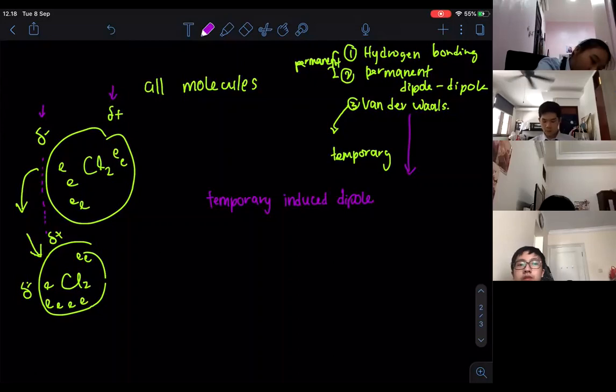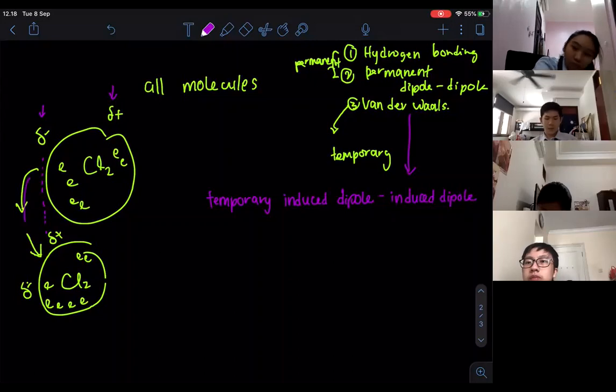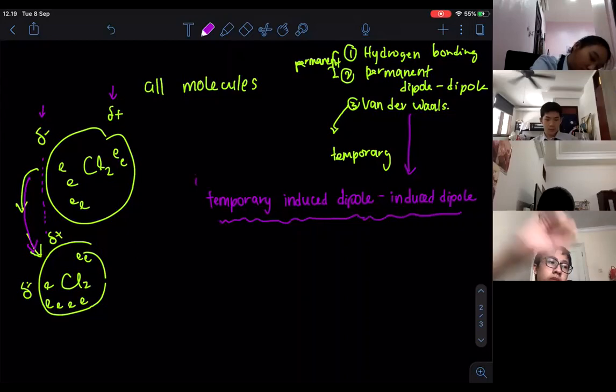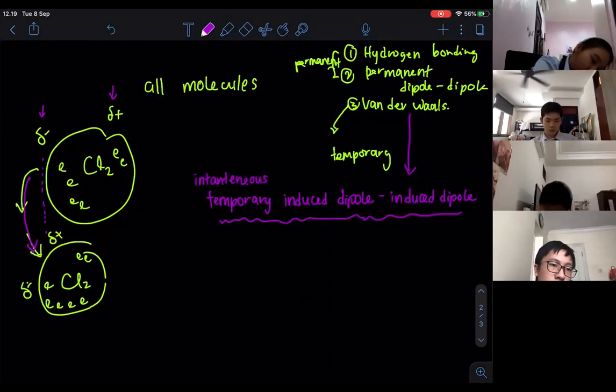A temporary induced dipole, and this dipole induces a dipole in this molecule. So that's why it is called temporary induced dipole, or in other books, they call it instantaneous dipole, induced dipole.